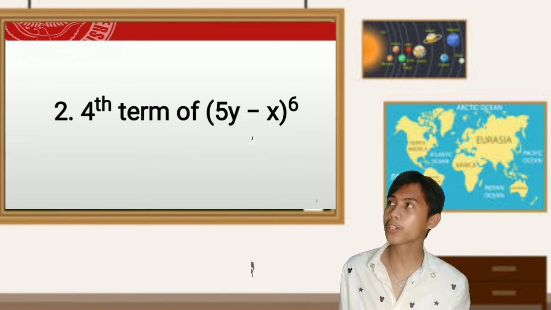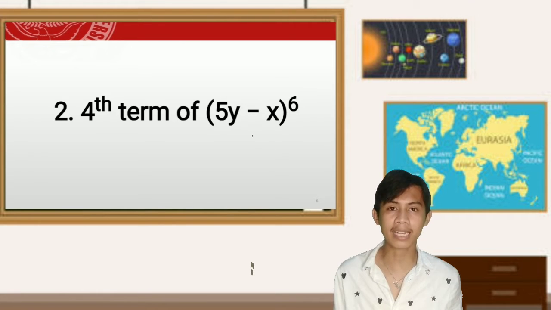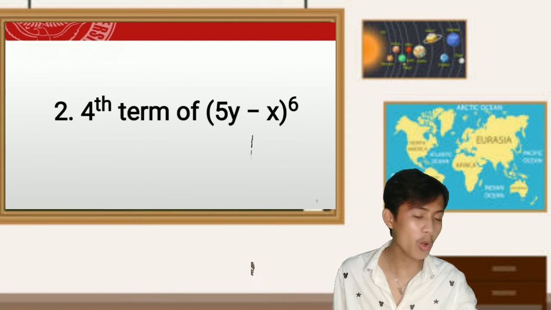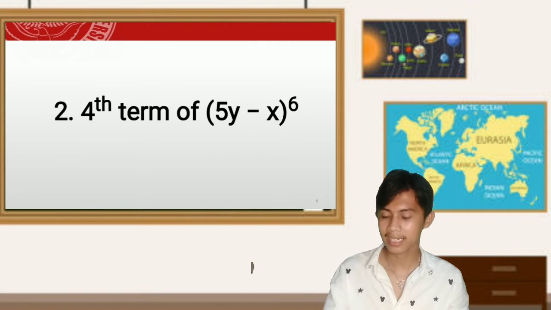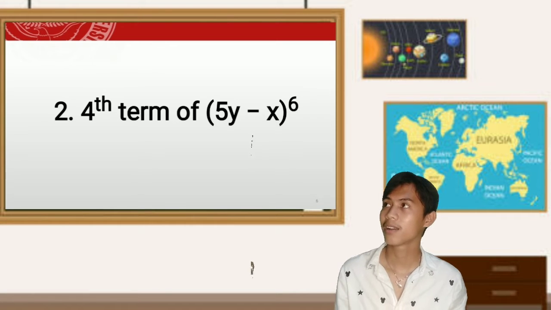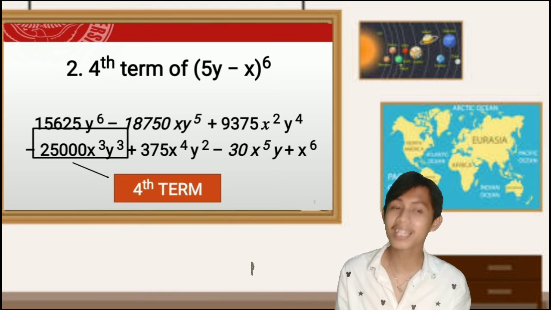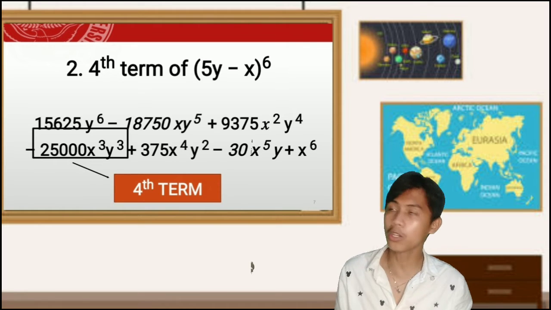What is the fourth term of (5y minus x) to the power of 6? Yes, the rooster. Wrong? Yes, you, bird. Very good. So, the fourth term is negative 25,000 x cubed y cubed.